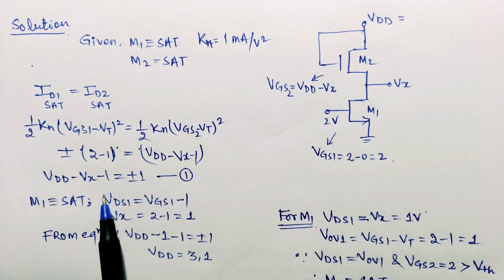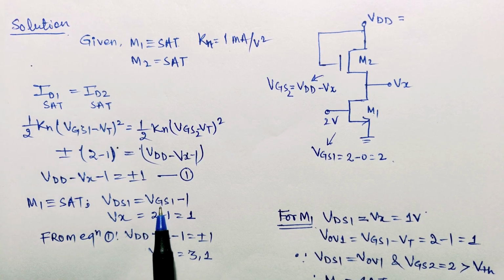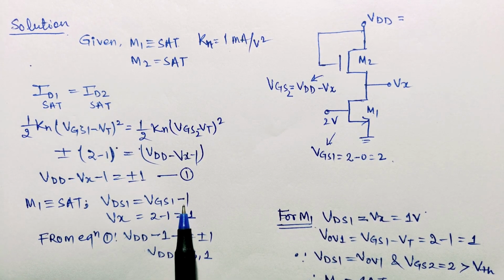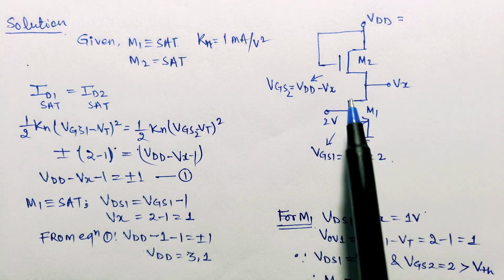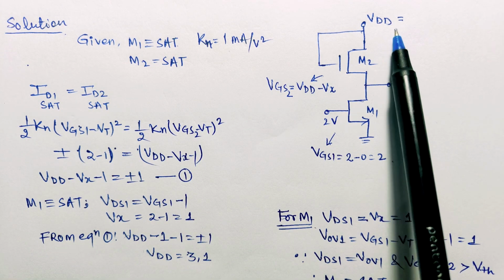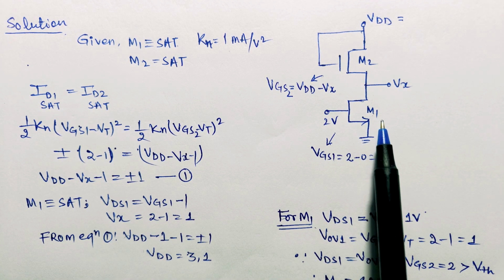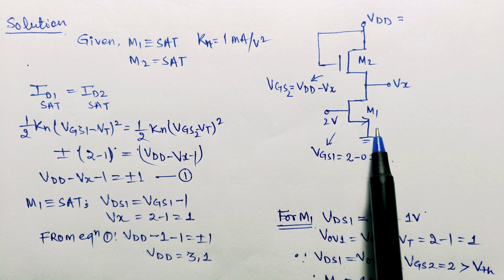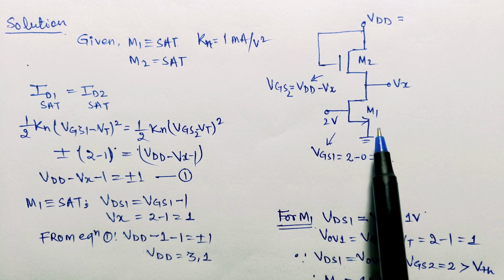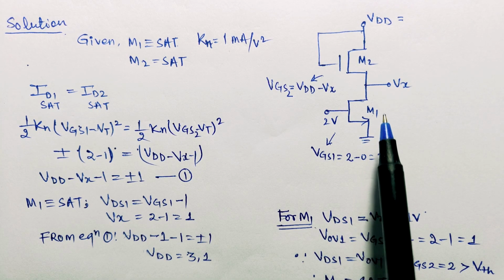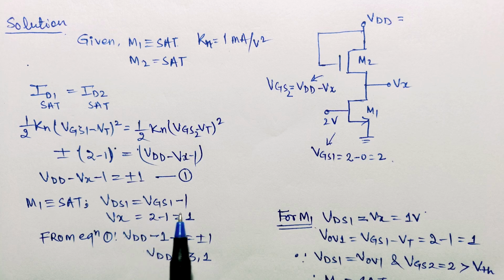If this VDS1 voltage is greater than VGS1 minus VTH, then M1 will act in saturation region. So the minimum condition is that VDS1 should be equal to VGS1 minus 1, as the minimum value of VDD is asked for M1 to operate in saturation region. So we have assumed the condition at which M1 is just going to operate in saturation region, which is the minimum condition. So this condition can be used.